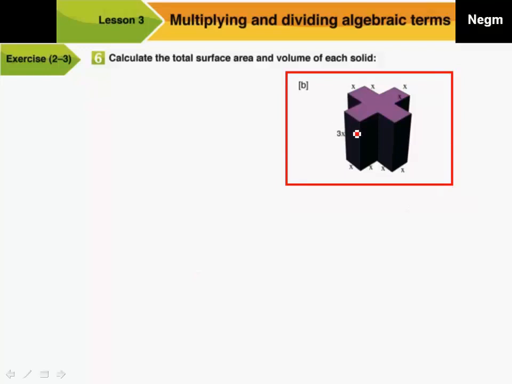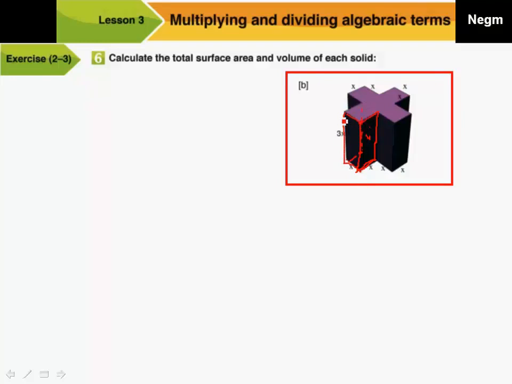Okay, to get the total surface area of this shape, as we saw in the video, we have here rectangle x and 3x. This rectangle has a length of 3x and width of x. Notice that this rectangle has another one at the other side. And also here we have another rectangle, 3x and x.